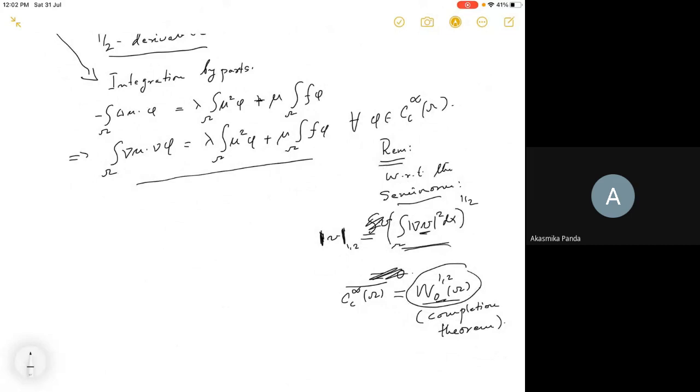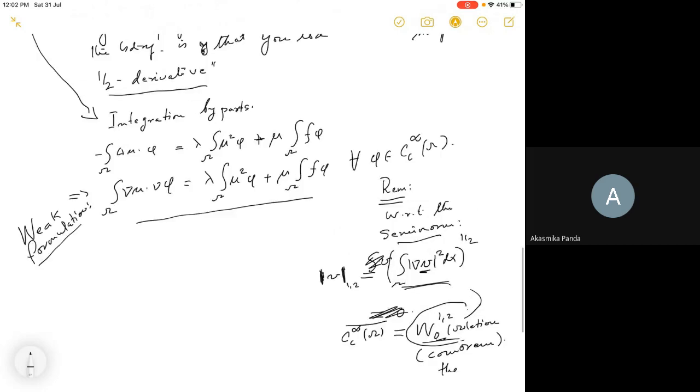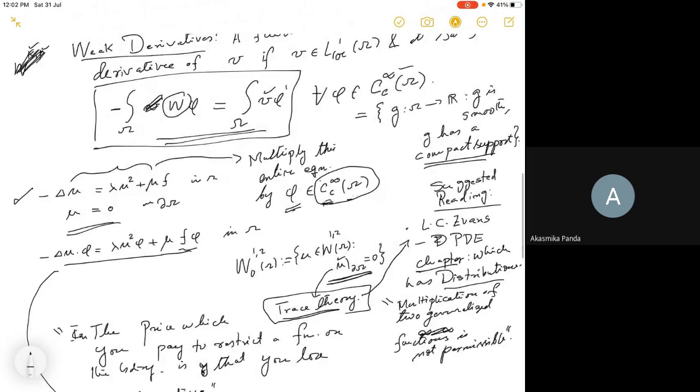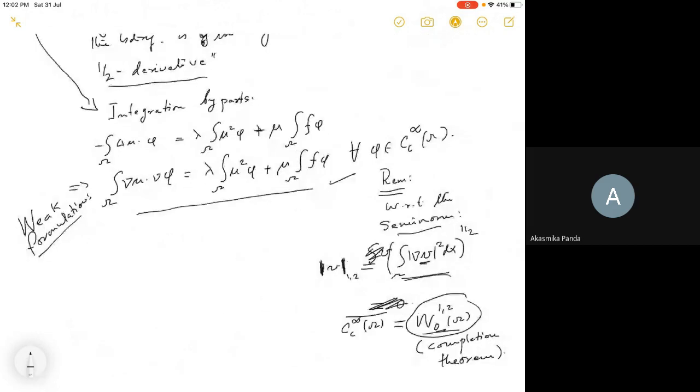Okay, fine. So now this is what we will call the weak formulation of the problem. Why is it called a weak formulation? Because instead of solving the original problem, if one tries to solve this integral equation and ends up getting a solution to it, then all you need is the function to have only derivatives of first order. You don't need a second order derivative. So it's a weak solution.